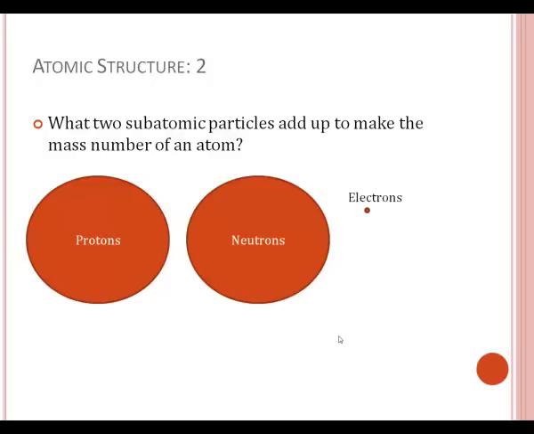Protons and neutrons are like bowling balls, whereas electrons are like marbles. If I have 15 bowling balls and I see how much that weighs, and if I add a few marbles, it's not going to make much of a difference in the total weight. So most of the mass in an atom comes from protons and neutrons. So if I take the sum of the number of protons and the number of neutrons, I will get the mass number.